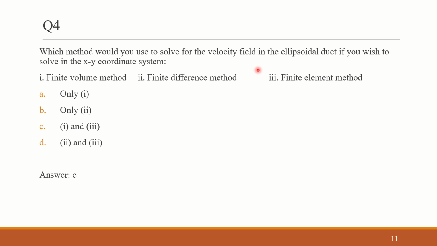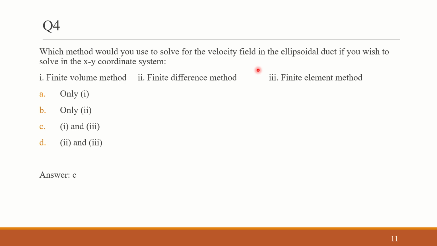So a better approach would be finite volume or finite element. In finite volume we can divide the system in any way and solve the equations, and similarly in the finite element approach small elements are taken and solved. So the answer is option C.